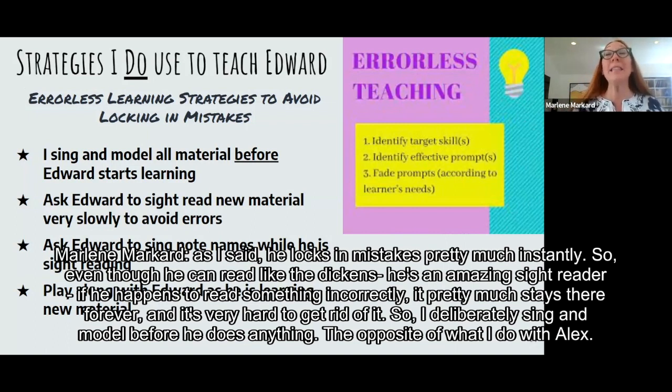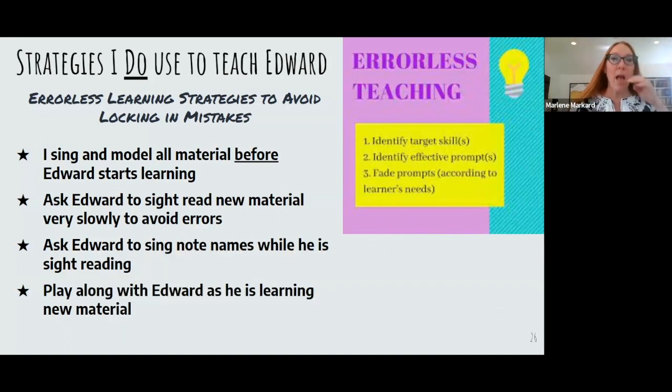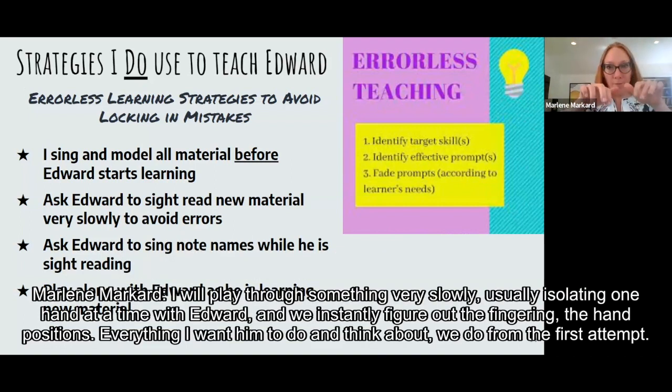So I deliberately sing and model before he does anything, the opposite of what I do with Alex. I will play through something very slowly, usually isolating one hand at a time with Edward. And we instantly figure out the fingering, the hand positions, everything I want him to do and think about, we do from the first attempt.